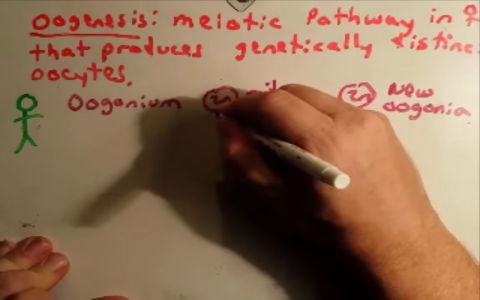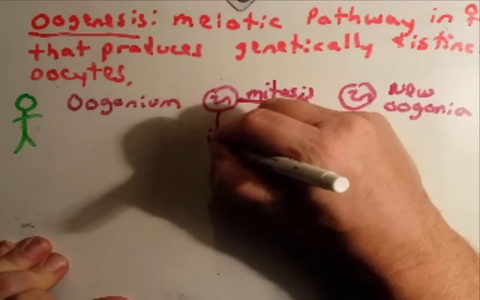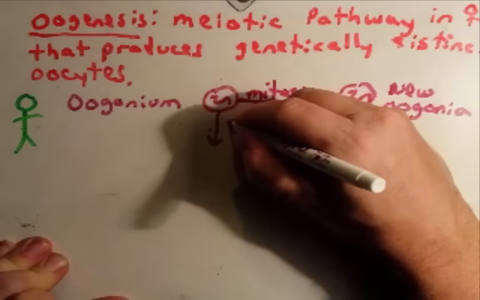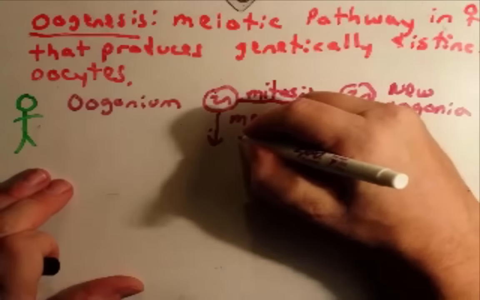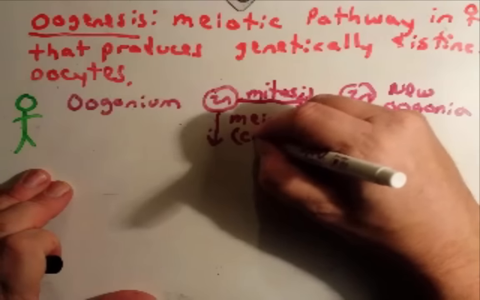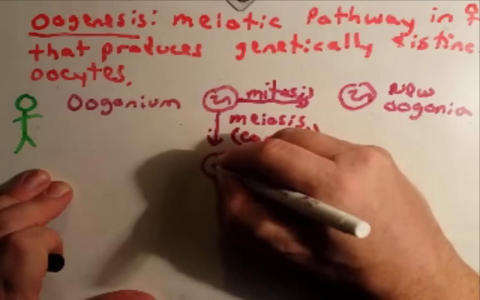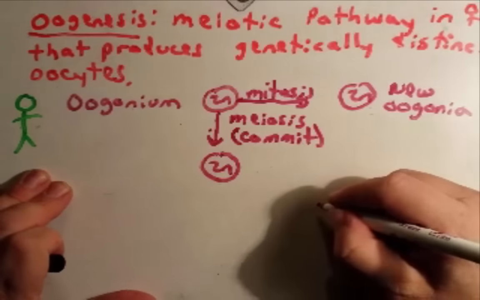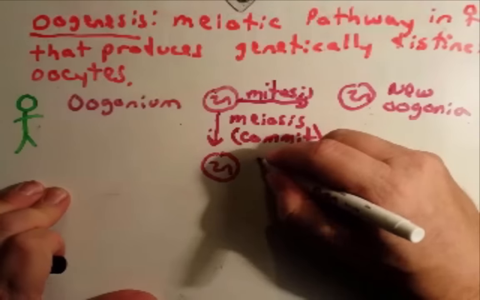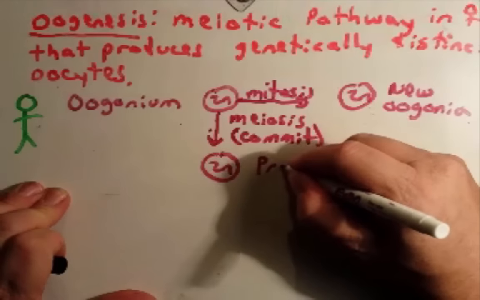They also are responsible for making oocytes, so they also have to go through meiosis. Similar as we saw before, when they commit to meiosis, the oogonium remains a diploid for now, and it's called a primary oocyte.